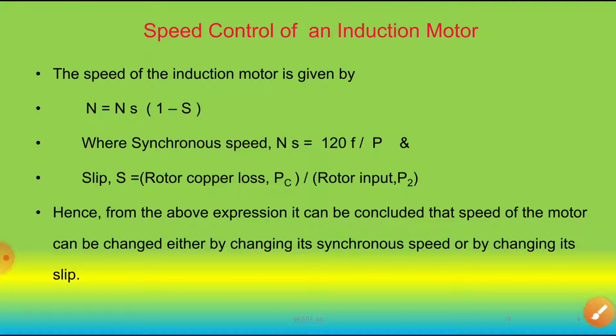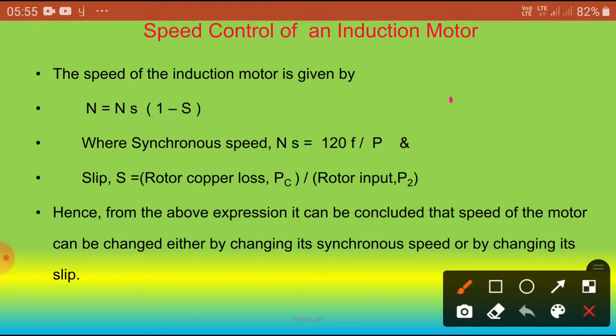Hence, from the above expression, it can be concluded that the speed of the motor can be changed either by changing its synchronous speed or by changing its slip. So either way we can change the speed.